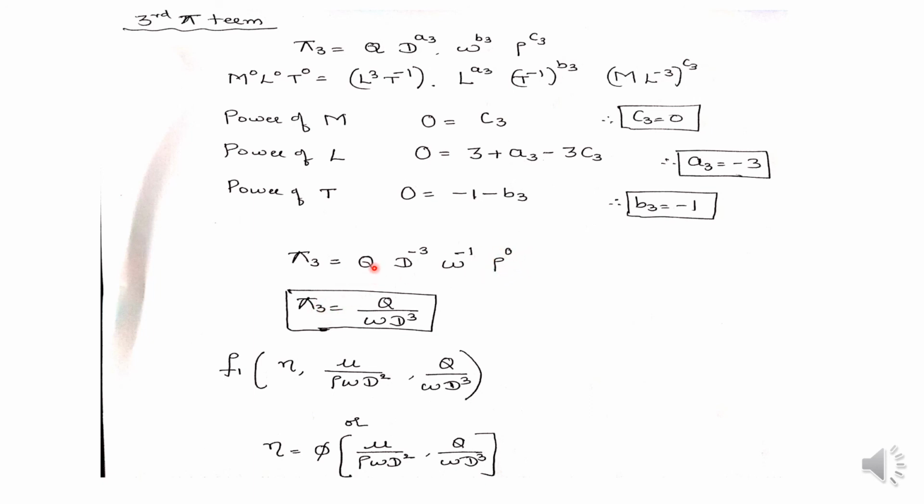So we write f1 as a function of pi 1, pi 2 and pi 3. Or I can write the same equation in this form also: efficiency is a function of mu divided by rho omega d square, comma, Q divided by omega d cube. So this completes the problem.